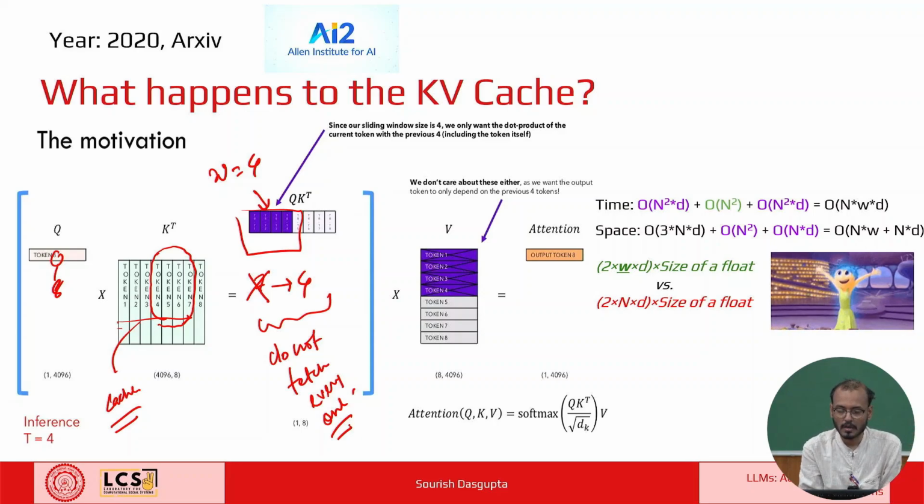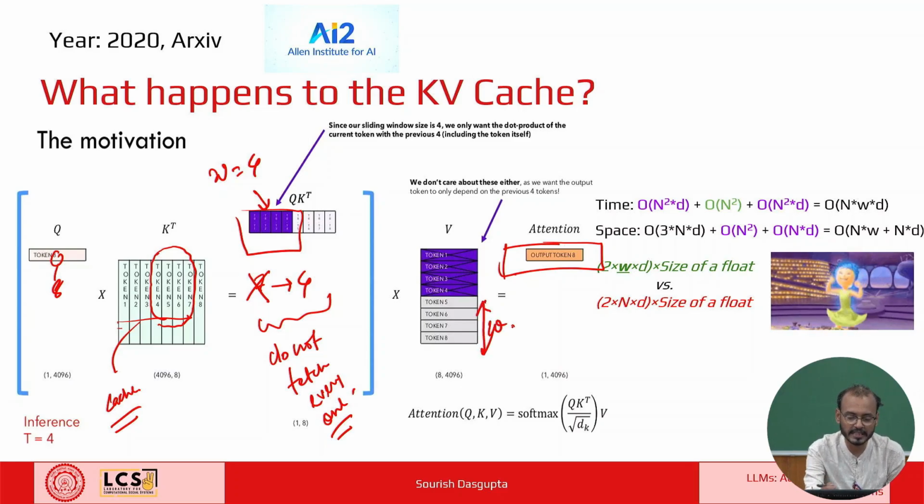And again, when you are finally trying to predict what's coming next, you don't have to have an entire prediction matrix. You just predict only what's coming next, which is the output token of 8, the contextual embedding of 8. And for that, you just need the W. You don't need the N. You don't need the entire sequence.